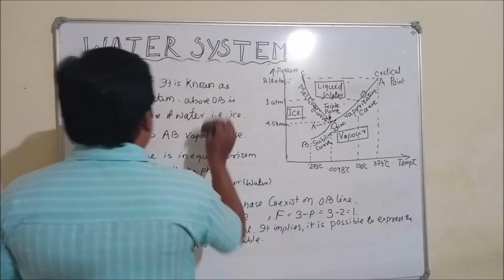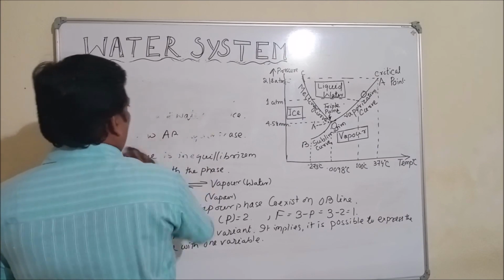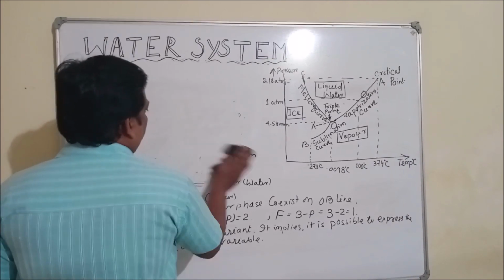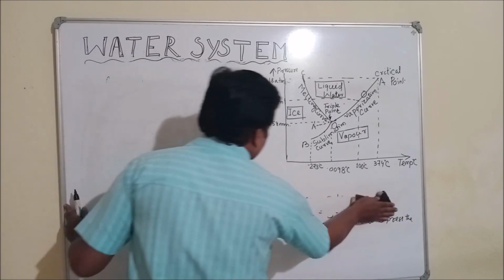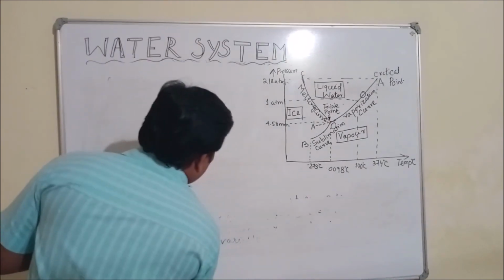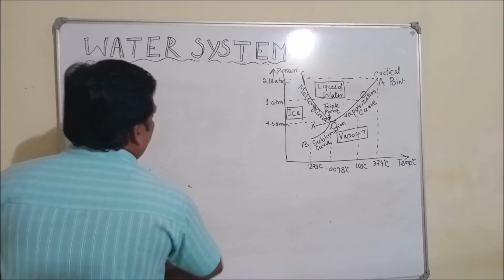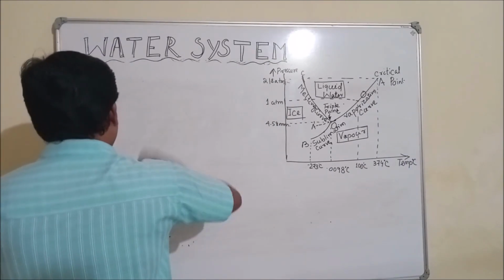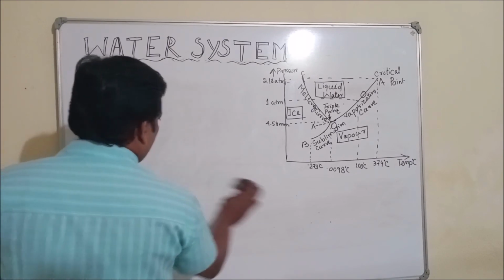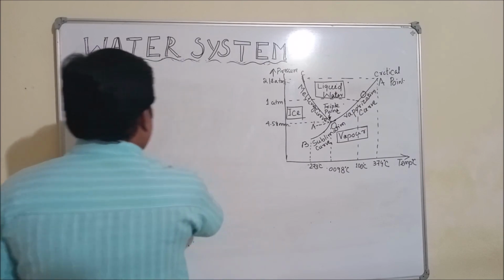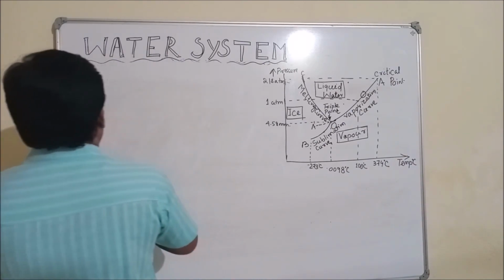Now let us go to the line OC. The OC line is the melting curve, the melting point curve. On this line, liquid water and ice are in equilibrium.